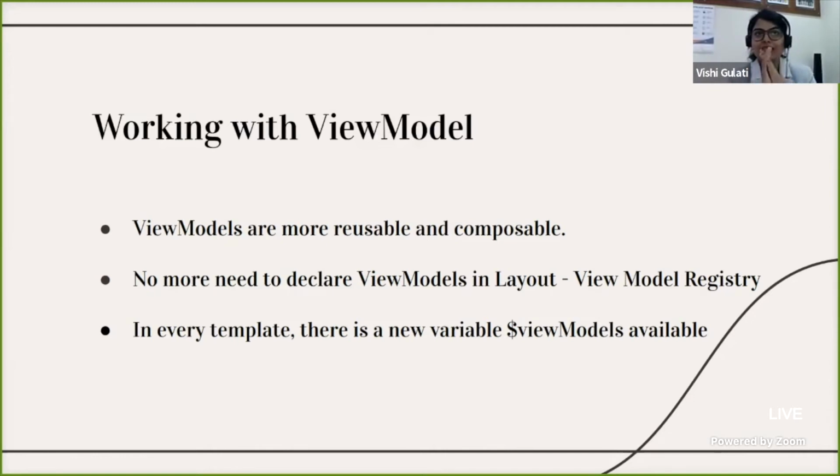So now it's not required to define every view model in your templates. This is the best part. And second, it is very easy to use the view models directly in the template. Now we don't need to think, okay, I need this, then go back into the template file again and declare it again. So that is a good part about the view model registry.